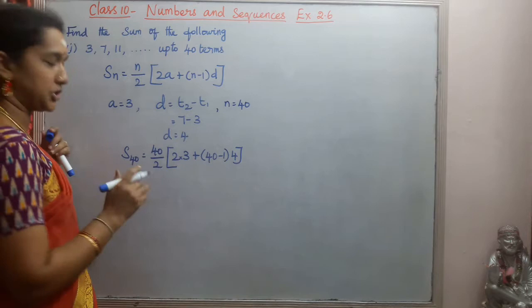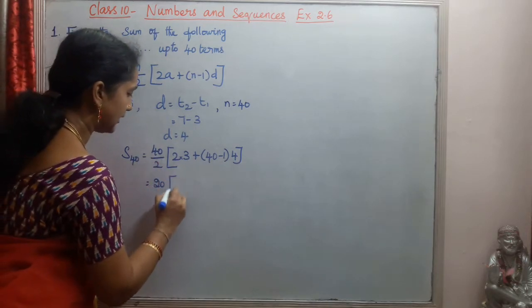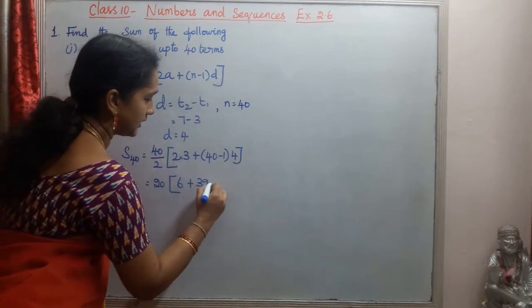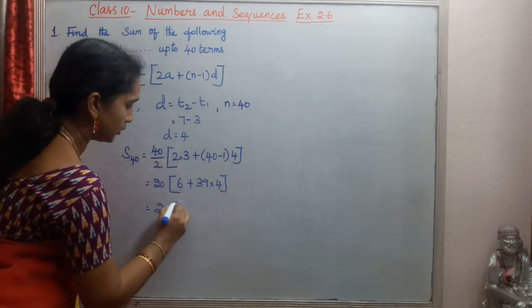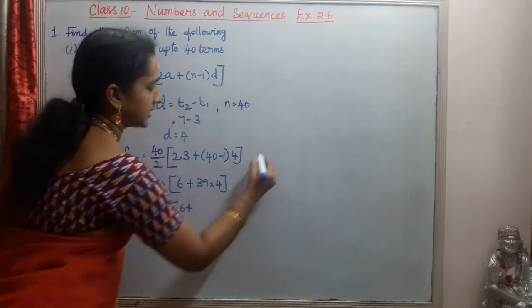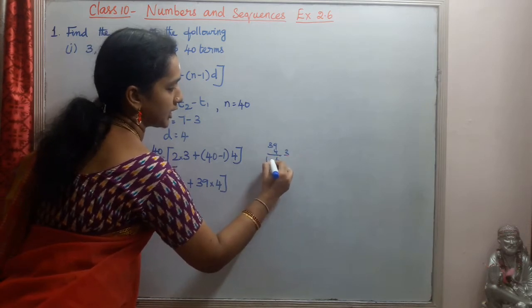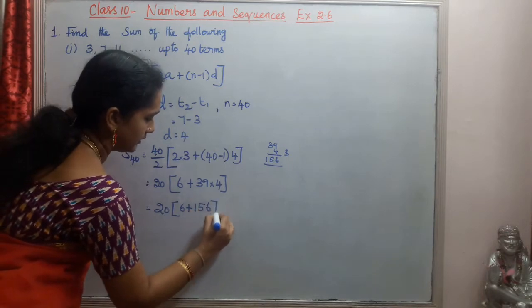Just a simplification only. So this is equal to 40 by 2 is 20, into 2 3s are 6, plus 39 into 4. So 20 into 6 plus 39 into 4: 9 4s are 36, 3 4s are 12, 156.